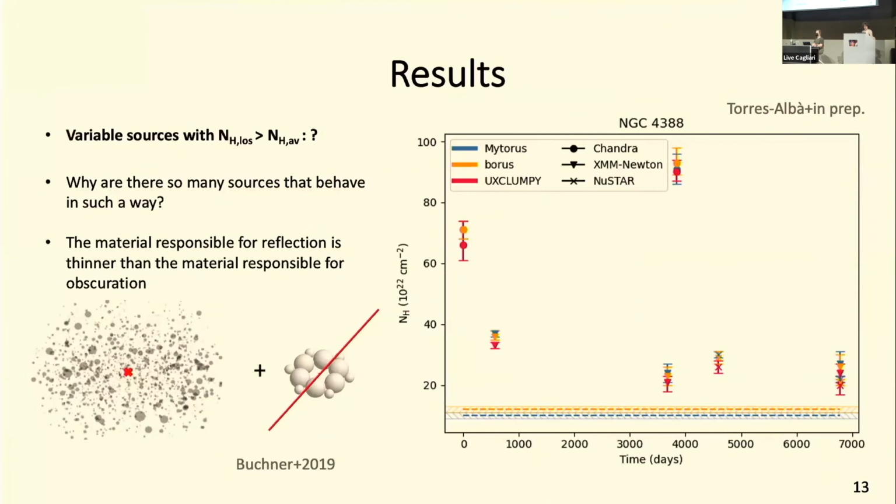And again, for these sources, we did not need to include into UX-clumpy this additional thick reflector, which is consistent with the results of Borus and MyTorus that gives such a very thin column density that's responsible for the reflection. We are not truly sure why so many of our sources are behaving this way, why they have such a thin reflector when clearly the obscuration corresponds to a much higher column density.